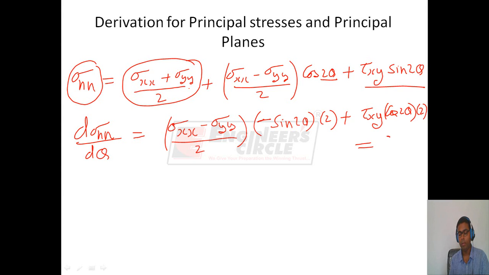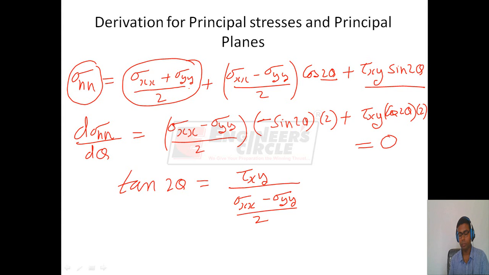For maximum or minimum value of normal stress, differentiation must be equal to 0. From this, we get tan 2 theta equal to tau xy divided by (sigma xx minus sigma yy)/2.